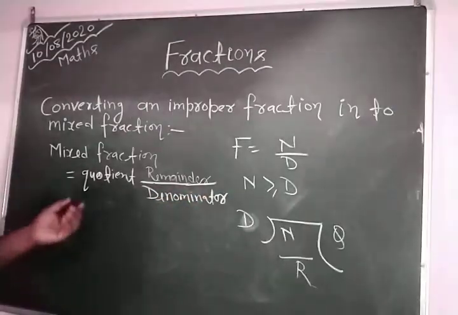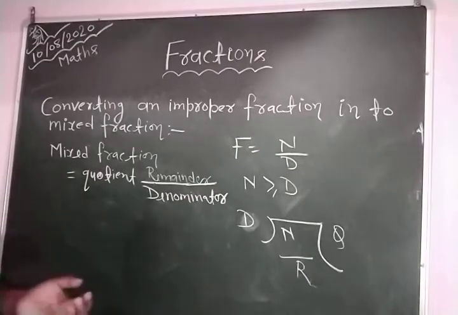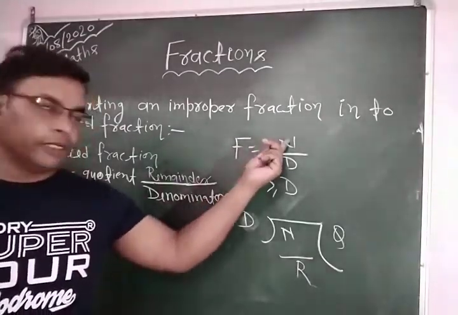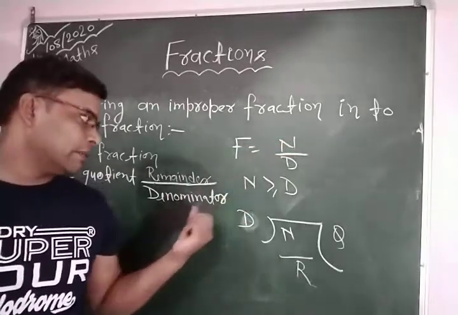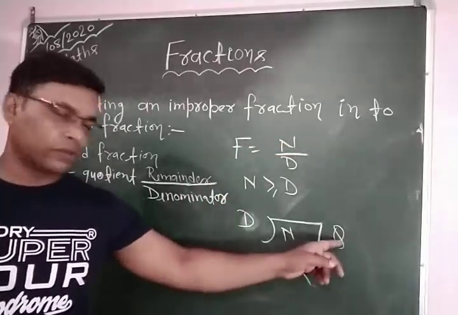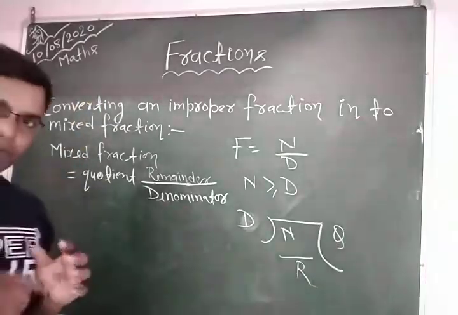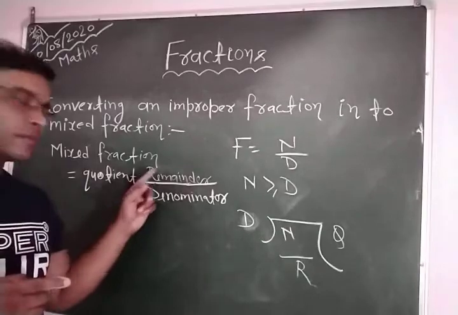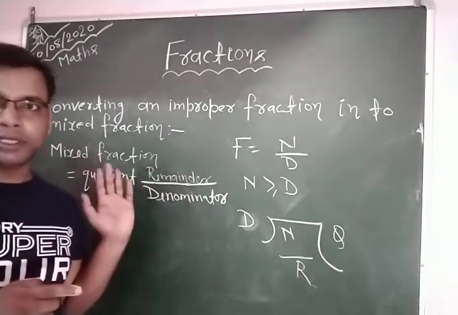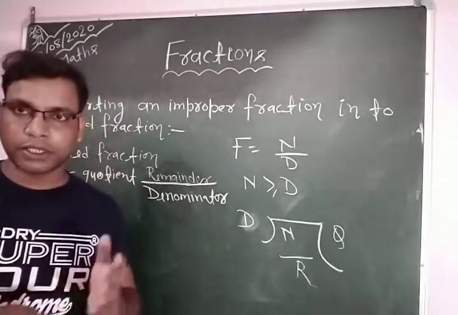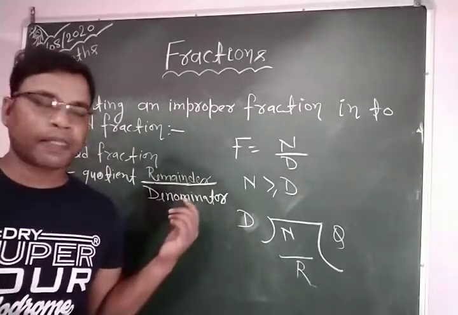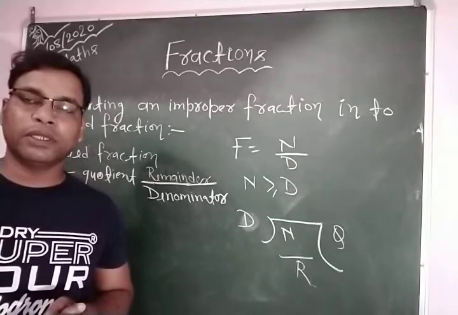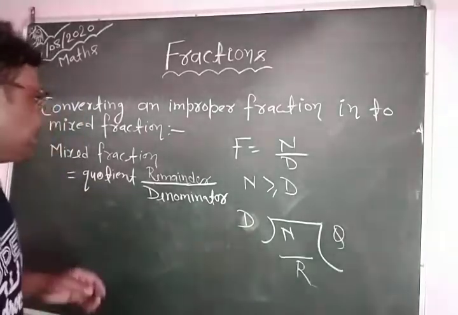This is the format of mixed fractions. First we divide numerator by denominator, then we obtain here remainder and here quotient, and then we write the mixed fraction as quotient, remainder by denominator. This is the format of mixed fractions. So let's see some examples and clear this concept, how to convert improper fraction into mixed fractions.